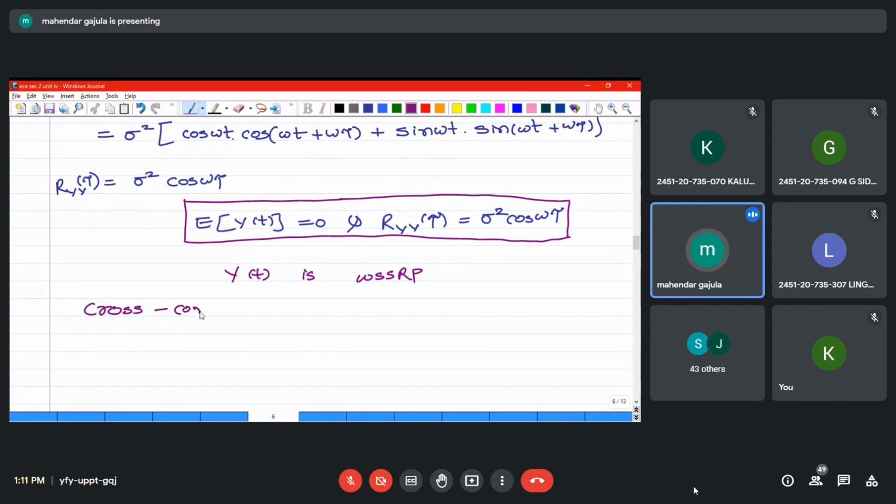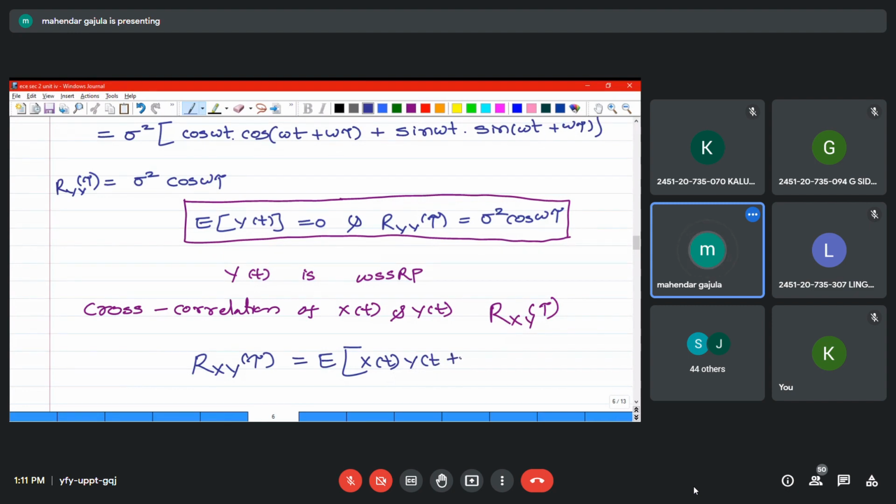We have to check the cross correlation of xt and yt. What is that? R xy tau. R xy tau is the expectation of the first one, xt, and the second, yt plus tau.